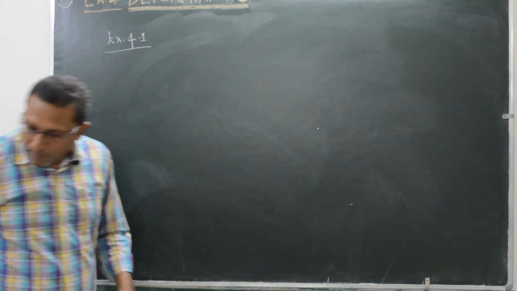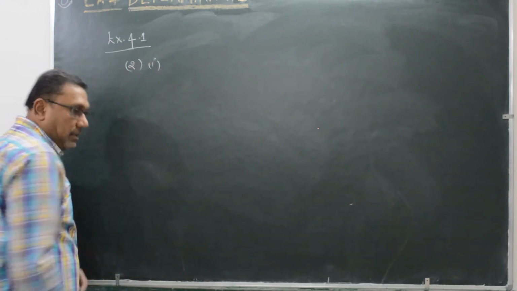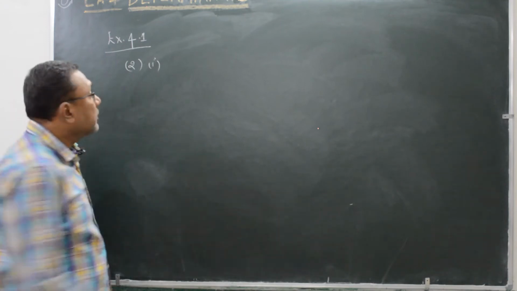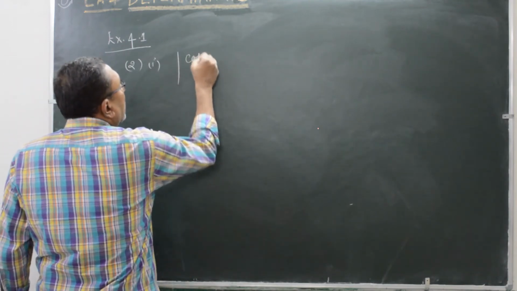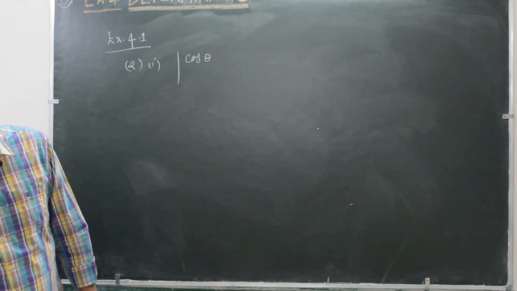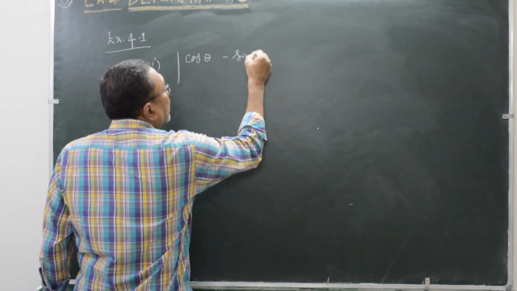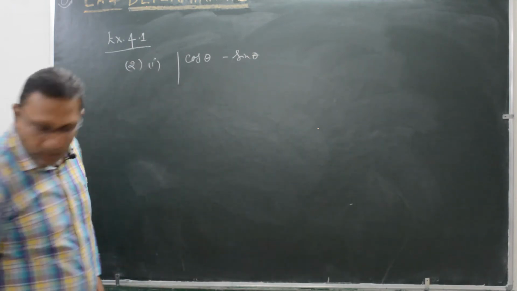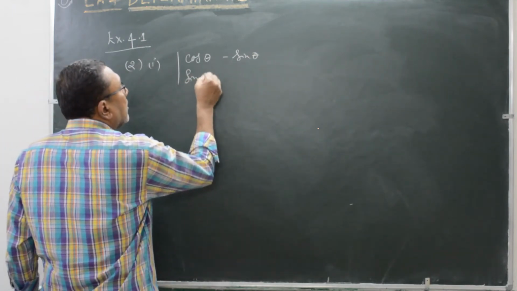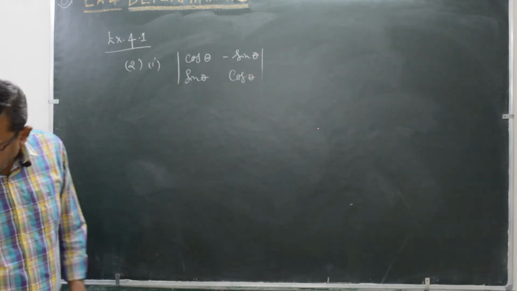The second problem, which is given in the textbook, the first sub question: cos theta, minus sin theta, and sin theta and cos theta.